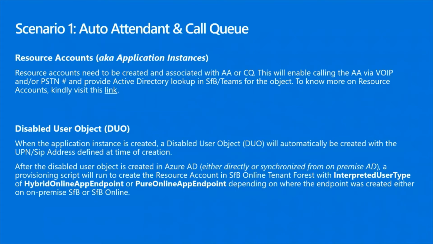Agents who receive calls from the call queue must be enabled for Enterprise Voice or must be on-premises users. If your agents are using the Microsoft Teams app for call queue, then make sure they are in Teams only mode. This is one of the prerequisites, and in the initial days we got a lot of cases where the users would not be in Teams only mode and they would not get incoming calls.